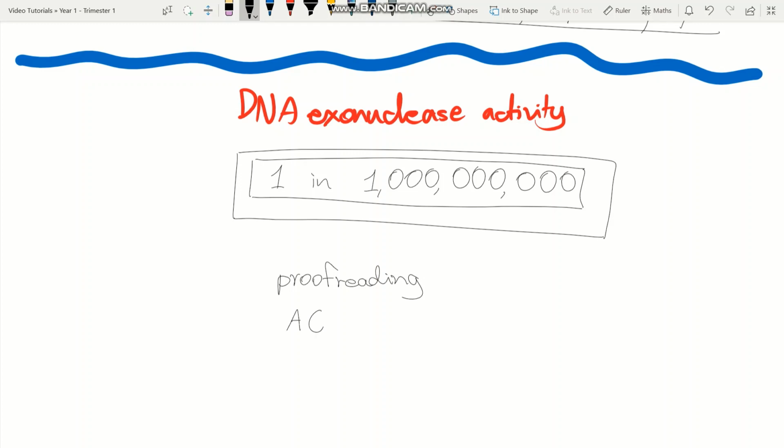The spelling of the DNA sequence is dictated by these 4 nucleotide bases. So the exonuclease activity has to check that the C should not be in the position of the T, or a G must not be in the position of an A.